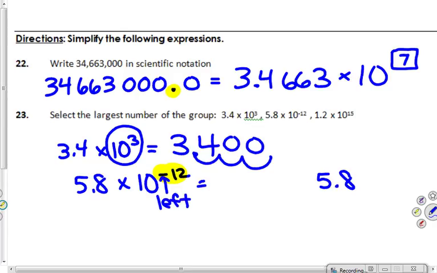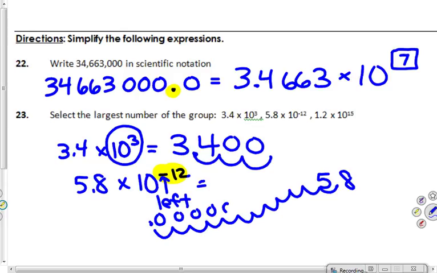If I'm moving it left 12 spaces, the decimal point would land here, and we would fill in with zeros. Is this a large number or a tiny number? Tiny. 0.00000 is a very small number. Got it?